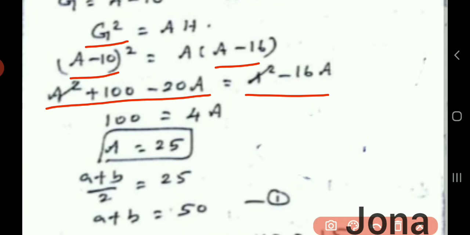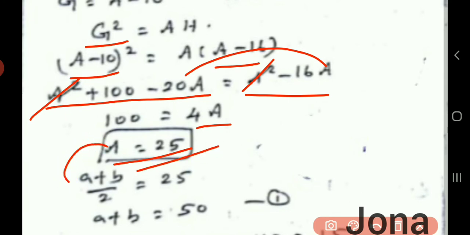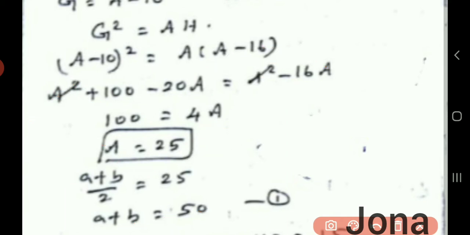So A square minus 16A is here. Then group the A terms; we can cancel this and this. So 20A, we can take this as 4A, so A equal to 25. That formula for A is nothing but (a plus b) by 2 equal to 25. If you cross multiply, we have a plus b equal to 50. Keep this as equation 1.